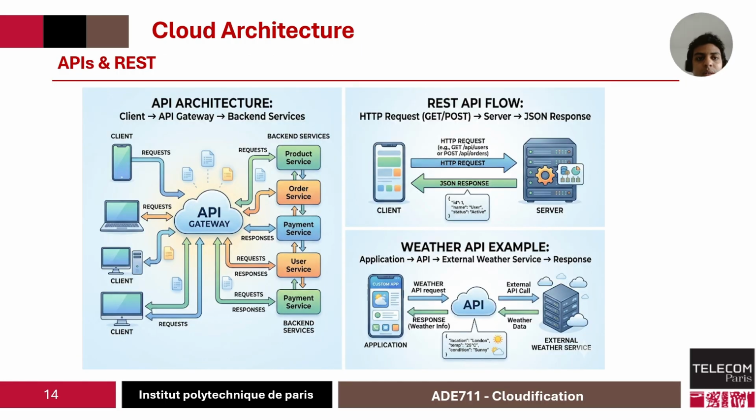And for architecture in the cloud, the first very important concept is APIs, application programming interfaces. In any company, to have a flexible architecture, you need to use them, because APIs are the interface between any services or entities of your company.